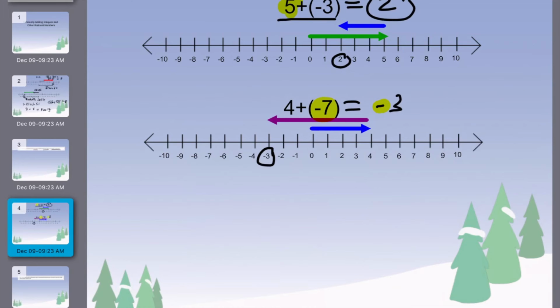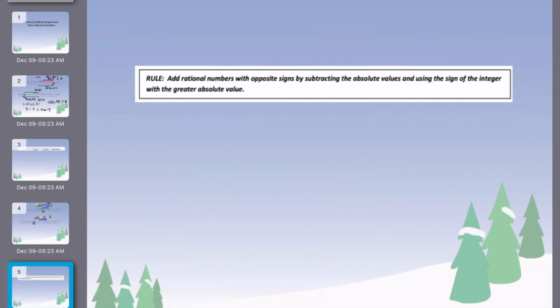So this is our rule for these types of equations, and I'll just jump right to it. I can add rational numbers with opposite signs by subtracting the absolute values and using the sign of the integer with the greater absolute value.